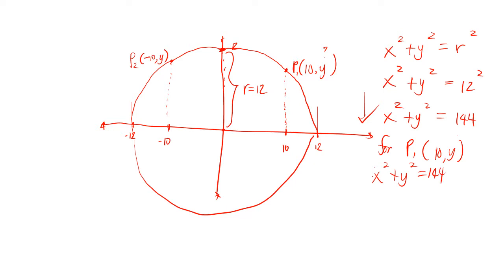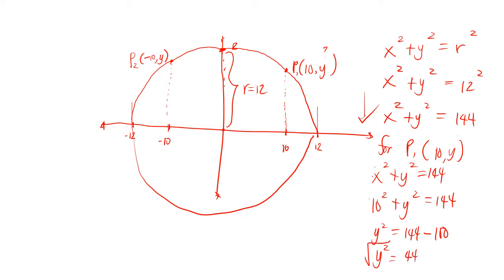Substituting x equals 10, because P1 has an x coordinate of 10, that would become 10 squared plus y squared equals 144. Transposing, we get 144, and 10 squared is 100, so that is minus 100. So y squared would become 44.